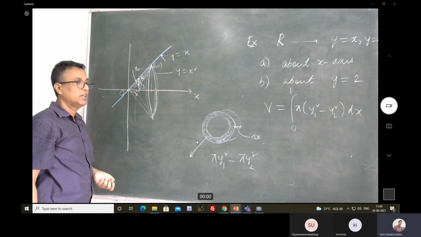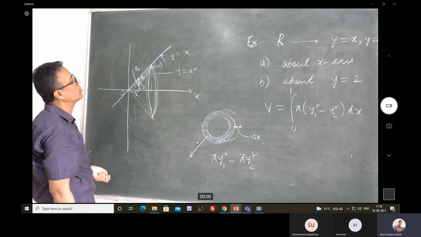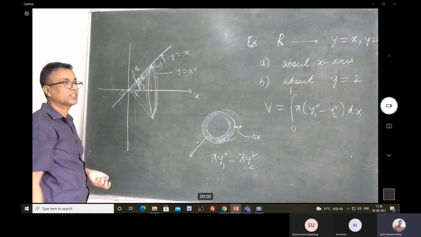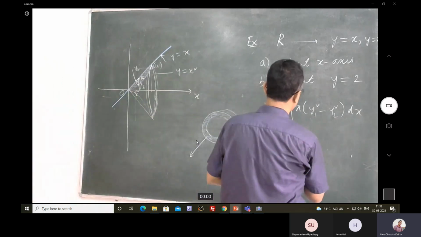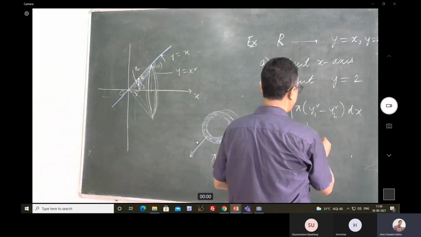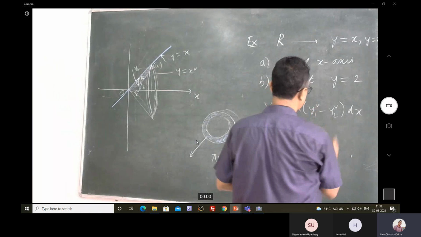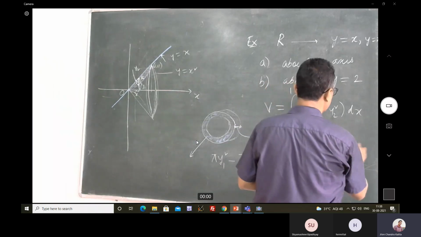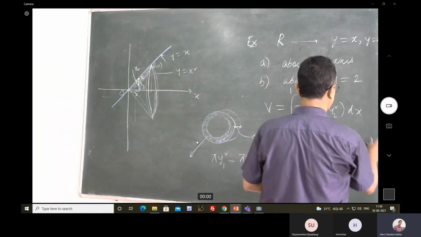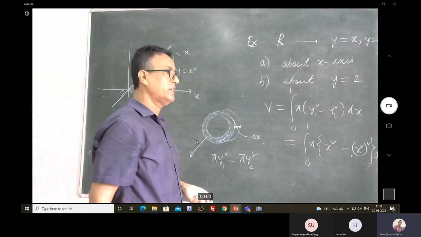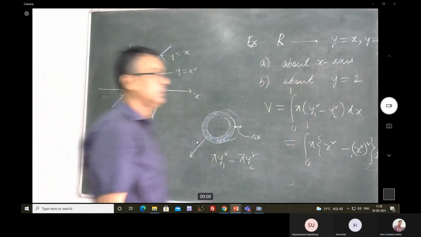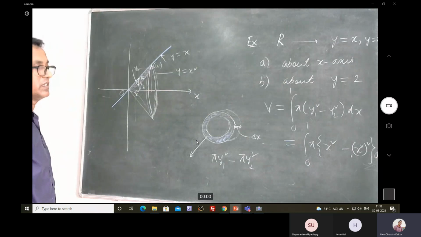And what is the height y2? It is simply x squared. So this is going to give you the integral from 0 to 1 of pi times x squared minus x squared squared, and then you can easily integrate it.